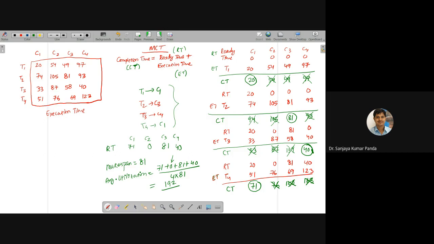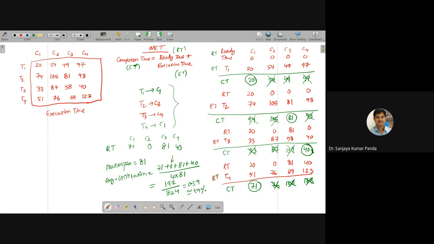And 4 multiplied by 81, I think you'll get 324. So 192 divided by 324, you'll get 0.59. So utilization is only 59%.